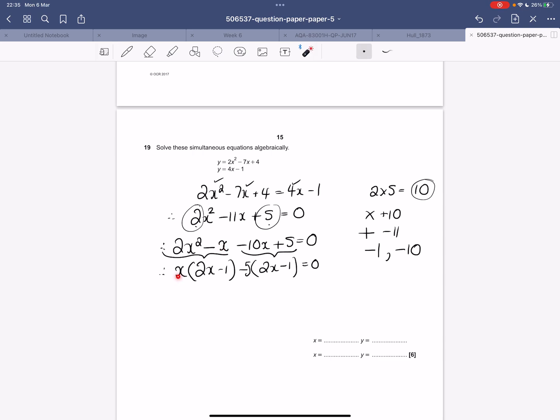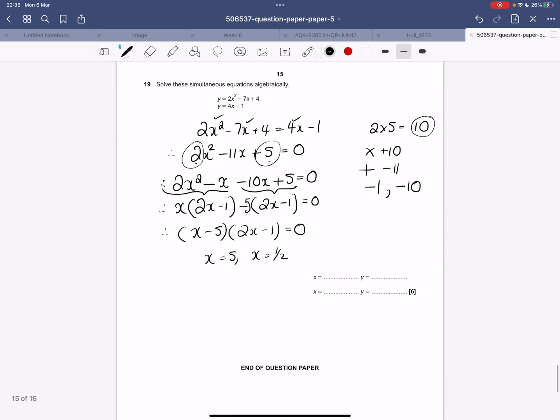So they factorise with an x, and it leaves 2x minus 1. These two factorise with a minus 5, so it's minus 5 times 2x minus 1. So x minus 5 times 2x minus 1 is 0. So either x is 5 or x is a half.